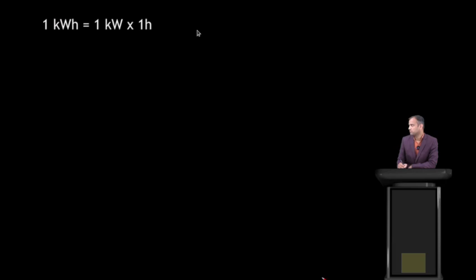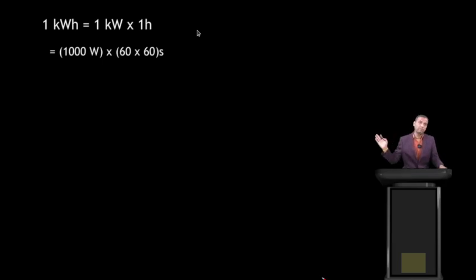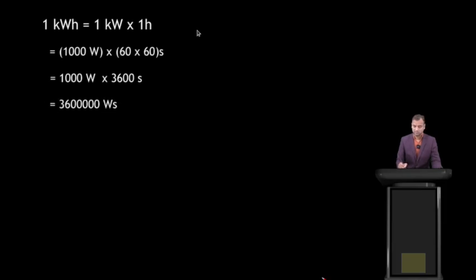And 1 kilowatt hour means 1 kilowatt into 1 hour. So if you convert all these, this is 1000 watt, and 1 hour into second is 60 into 60. After multiplying you will get 3600 into 1000, and this is 36 and 5 zeros, or you can write this as 3.6 into 10 to the power 6 watt into second.